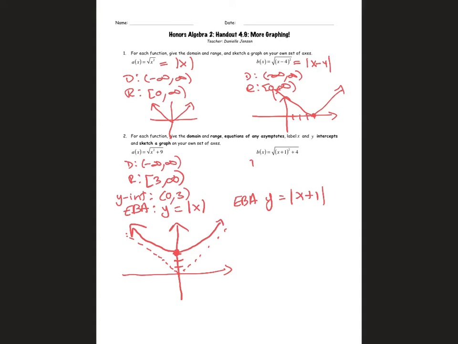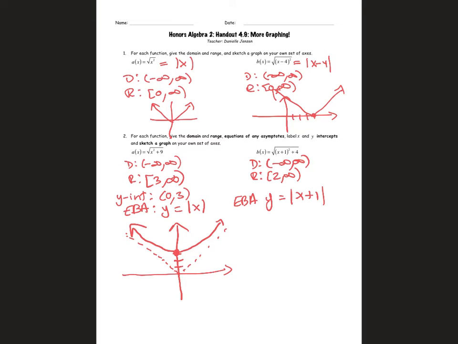And my domain, let's go back to the domain and range. My domain is everything. My range, well, the smallest this function will be is when x is -1, making that quantity squared 0. So the smallest will be the square root of 4, or 2, which tells me the y value of b of x can never be 0, so there's no x-intercepts.